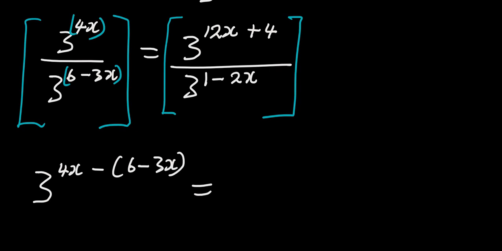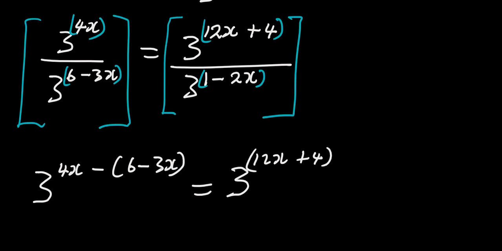We are going to do the same to the right. We have the same base, and we are going to write it as a single base of 3 and subtract the exponent of the denominator from the exponent of the numerator. So when we do that, we're going to have 3 exponent 12x plus 4.